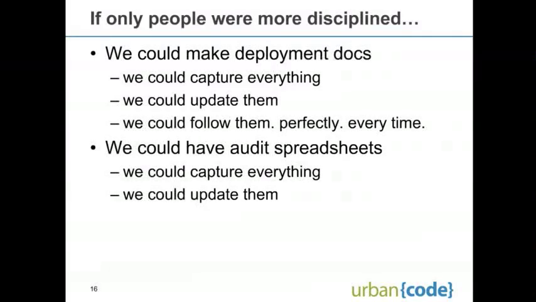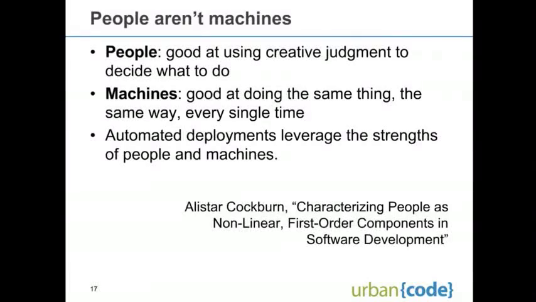The problem with this belief is that you're really asking people to be machines, to do everything perfectly the same way every single time. And if there's anything we know about people, it's that people don't make good machines. Eric, do you want to talk about this lessons from Alistair Cockburn here? Yeah, I know this is one of your favorite papers, and having finally read it, I love it as well.